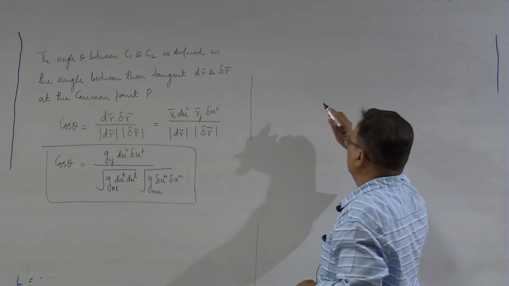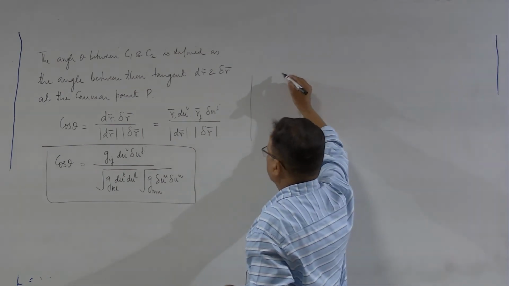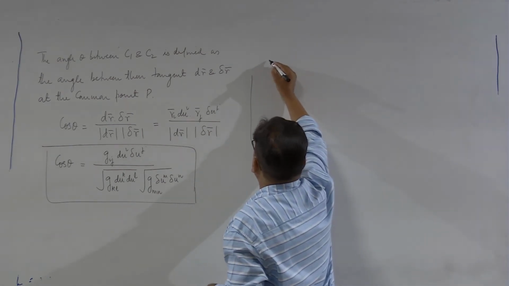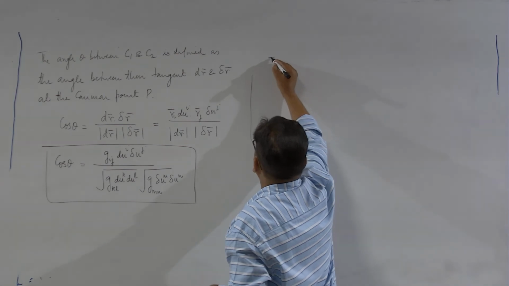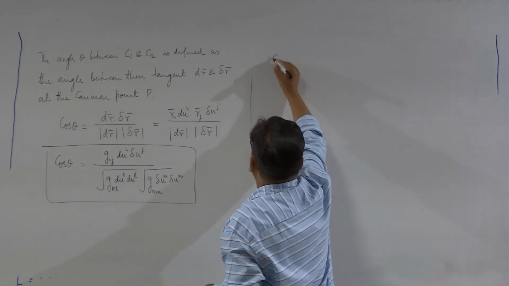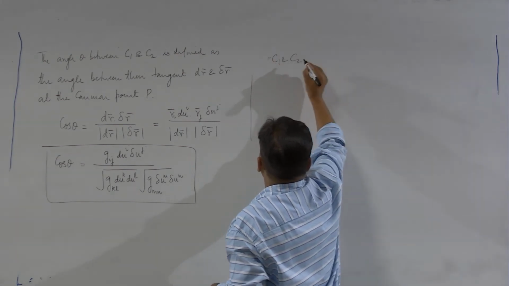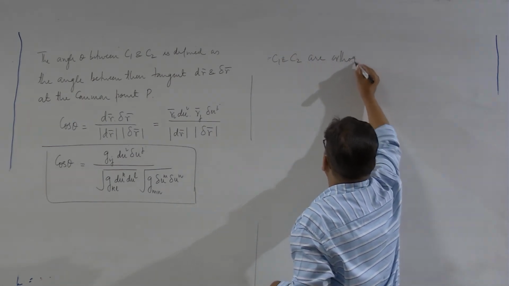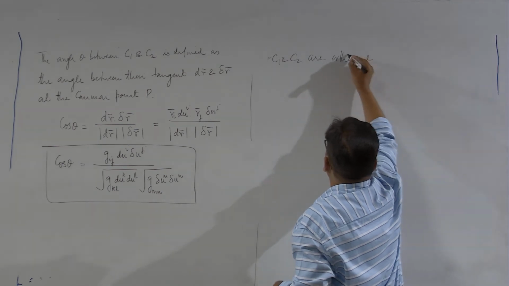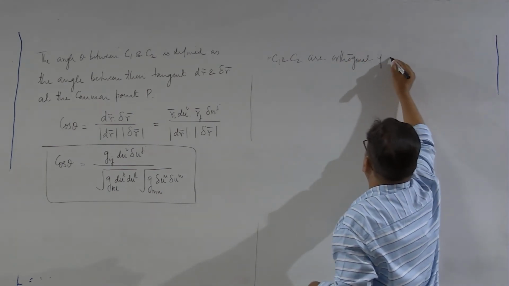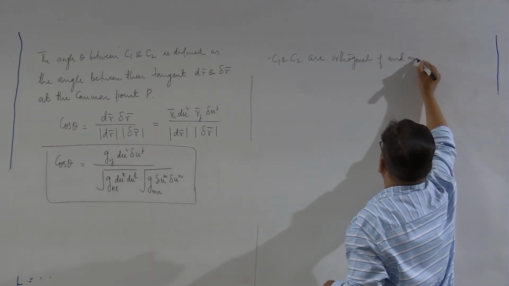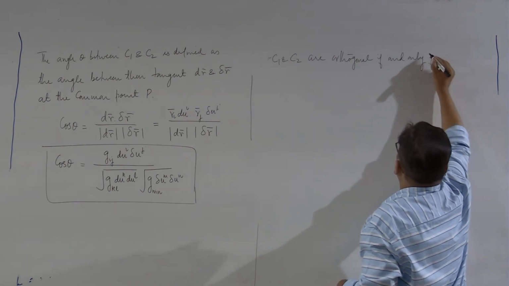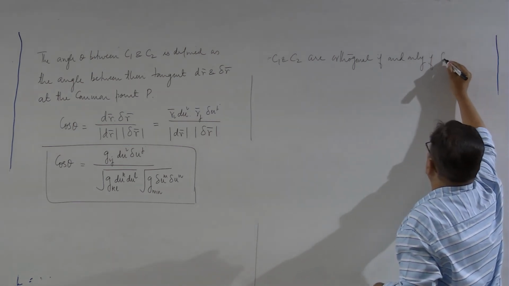So, the two curves C 1 and C 2 are orthogonal if and only if cosine theta is 0.